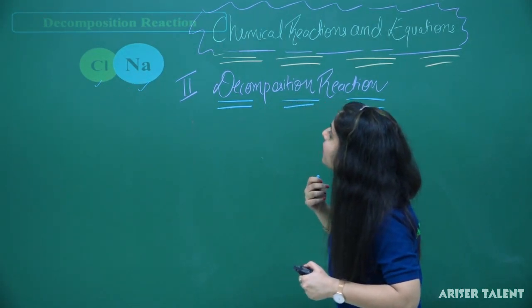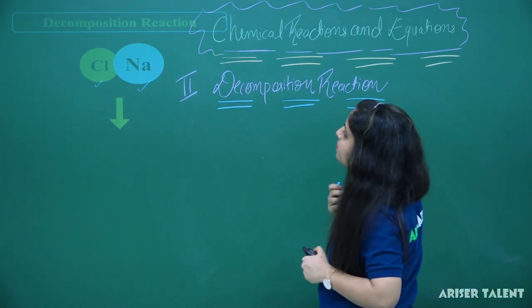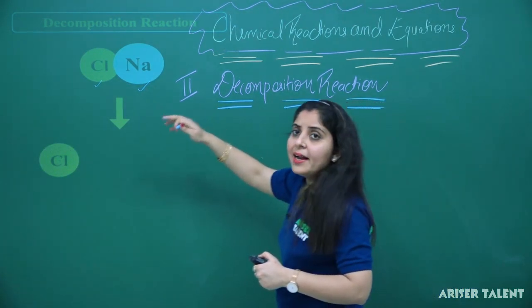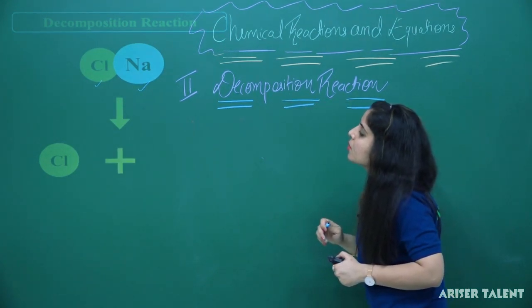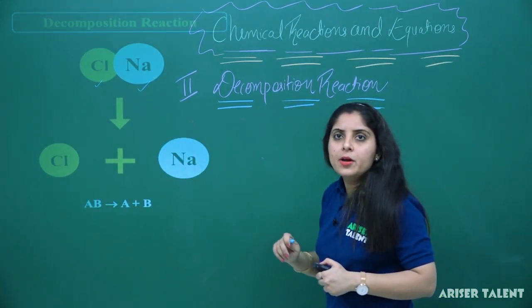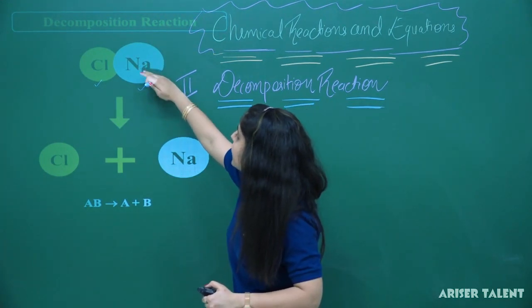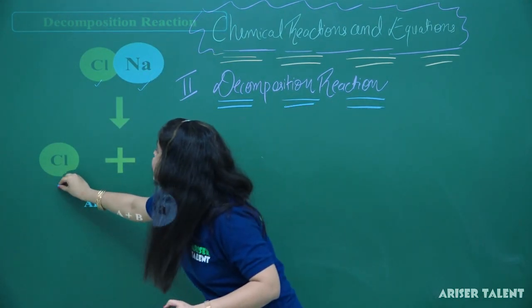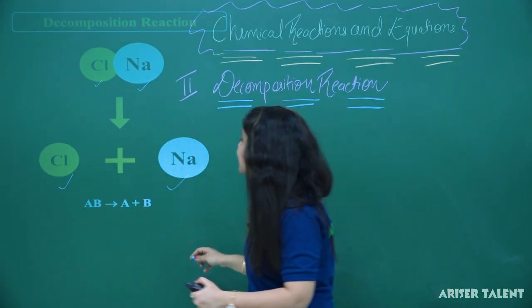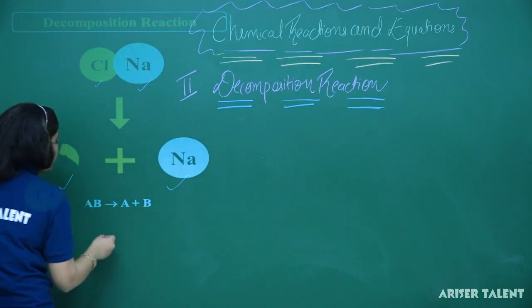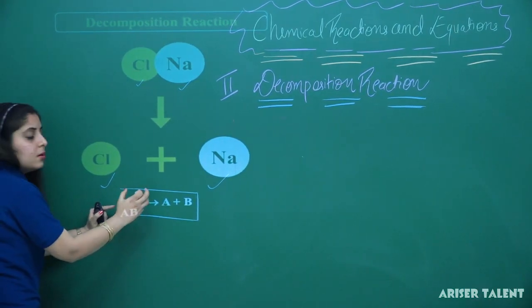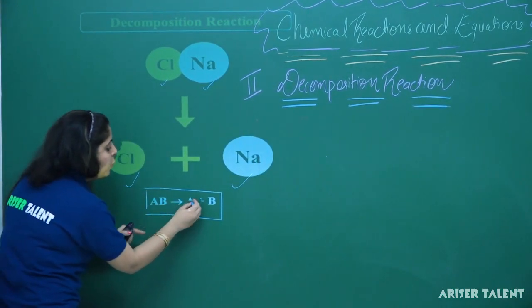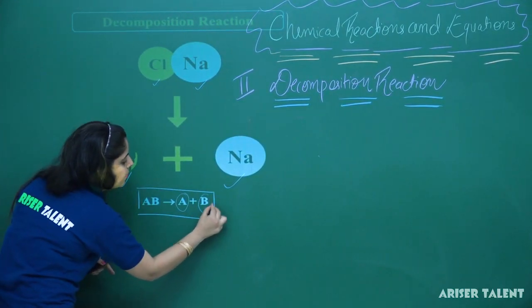Now after decomposition I will get one molecule of Cl and one molecule of Na. So NaCl decomposed to give Cl and Na. So this is the basic equation for the decomposition reaction, that AB, a particular compound, gives two components, that is A and B.